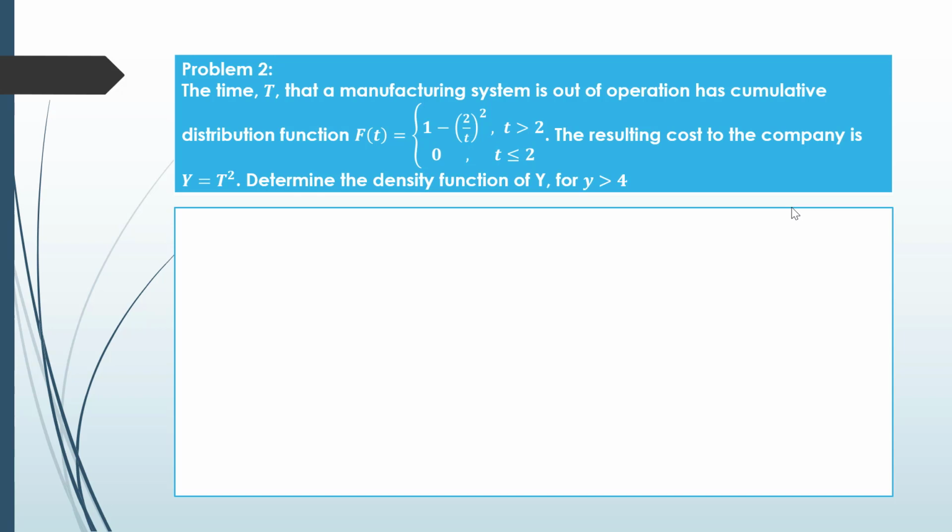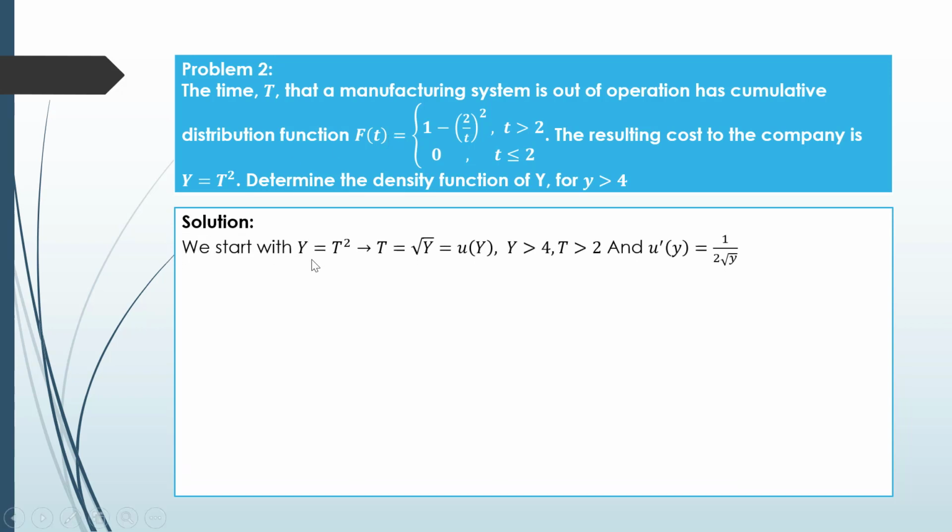So this is a question of transformation of one single variable. To apply the formula in this question, we're going to apply the first formula, the formula for transformation. So we need to find the transformation function. We start with y equal to t squared, so t here is square root of y, and I'm going to notate this as a function u of y, where y is greater than 4 because t is greater than 2, so y should be greater than 4.